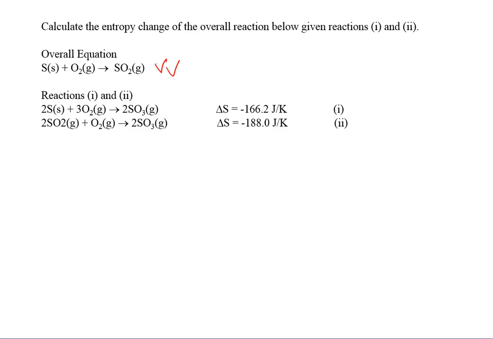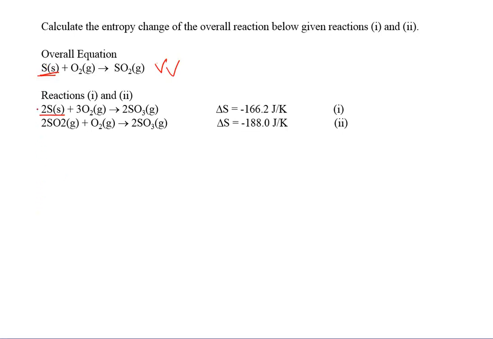So the first thing you want to do is do the inspection again. So I'll look at the sulfur here. We have 1 sulfur here. And we look at these 2 reactions and see which one has sulfur. We see that we have sulfur here, S. The problem is we have 2 sulfur instead of having 1 sulfur.